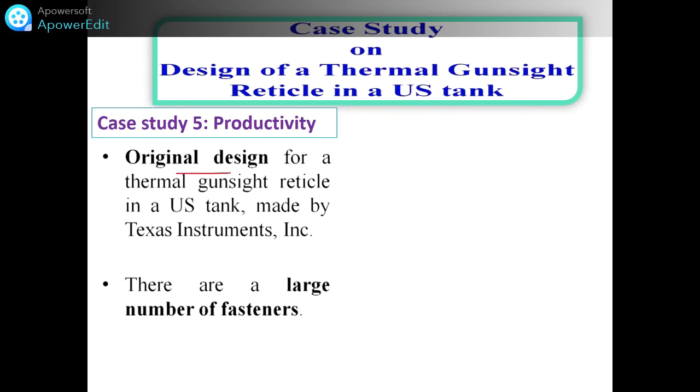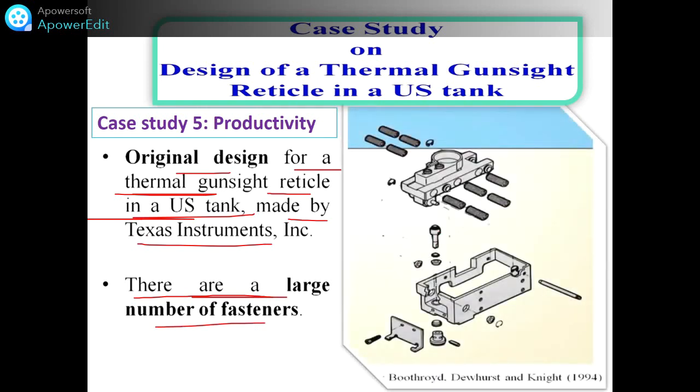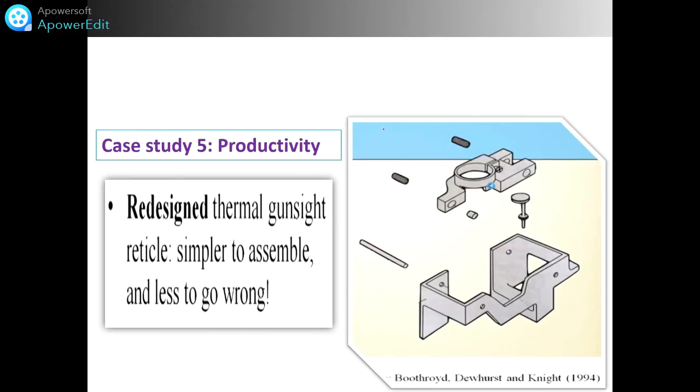The original design for a thermal gunsight reticle in a US tank made by Texas Instruments had a large number of fasteners. See here in this diagram, there are a number of fasteners and a number of parts. You can see this, and this is the reference from where I took this paper.